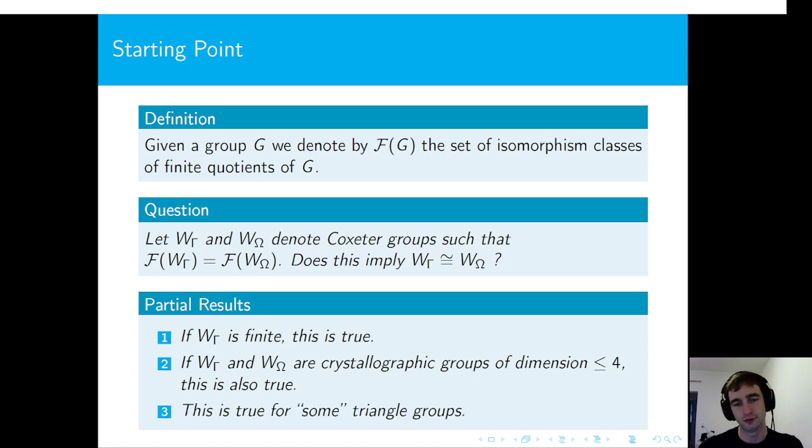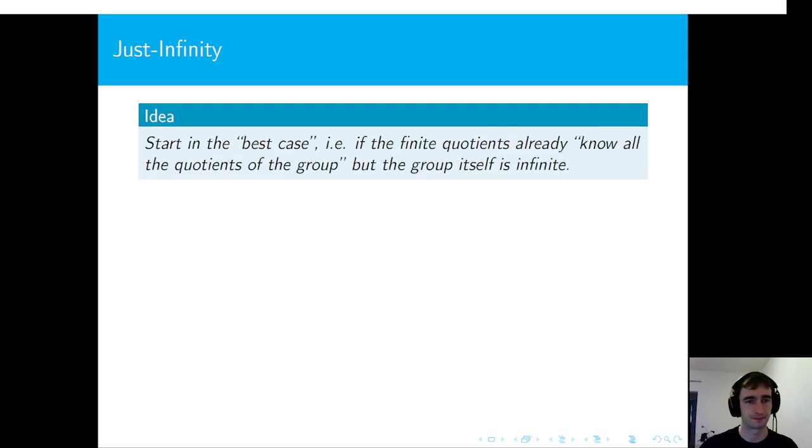This is also true for some triangle groups. There's a list of triangle groups that are even profinitely rigid in the absolute sense, so in that case you don't need the condition that both are Coxeter groups, but in particular, this is true for Coxeter groups. But these are really not super many cases. So not too much is known at the moment.